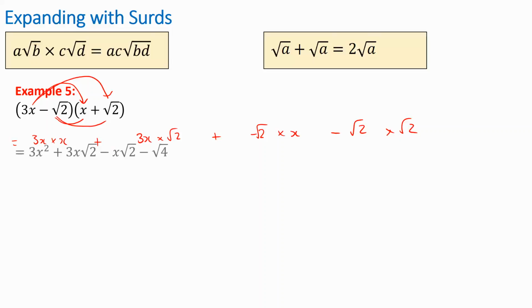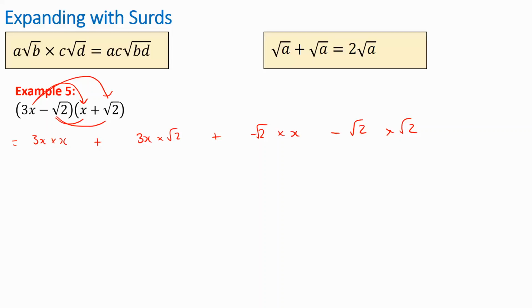So if you simplify all that, 3x times x, we know it's 3x squared. That's a number, that's a surd. This doesn't have a surd. So when you multiply them, numbers with numbers, surd with surd. So in this case, it's just 3x squared. Next one. That's a surd, and that's a number. So when you multiply them together, it becomes minus x root 2. Over here, on the other hand, this is a surd, that's a surd. So it'll be root of 2 times 2, with the negative on the outside. Okay, so this is what it should look like.